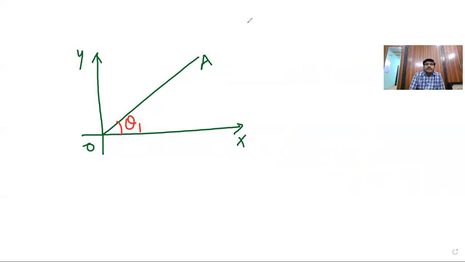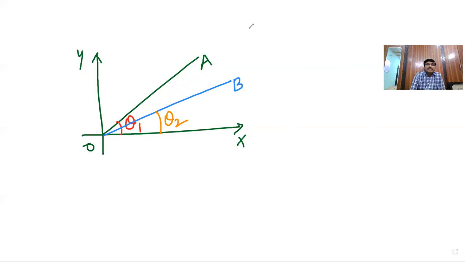Let us say on the same axes I am drawing another graph OB, and the line OB is making angle theta 2 with respect to the positive x-axis.